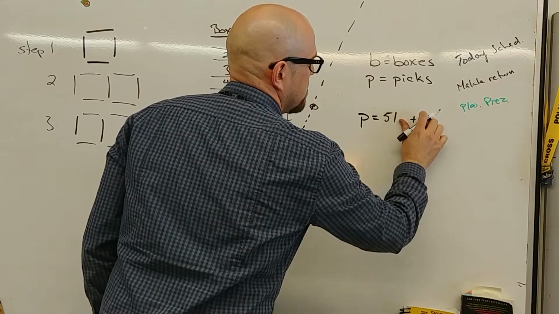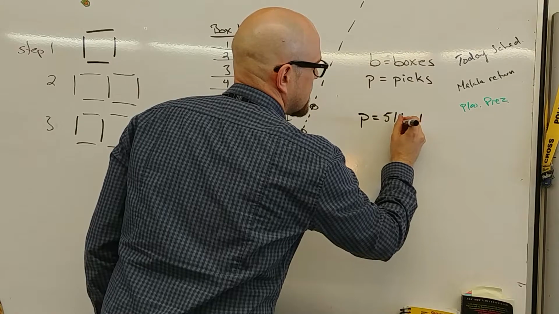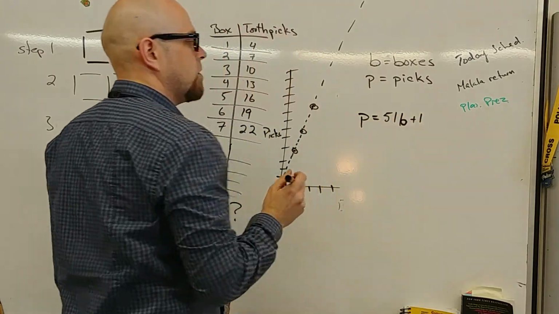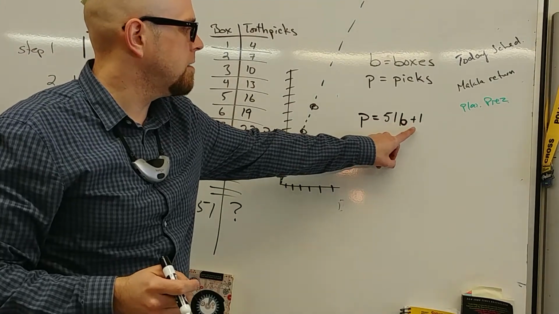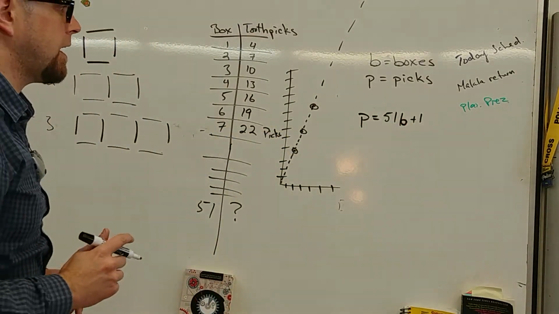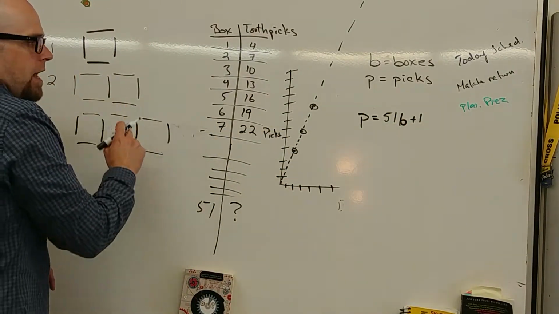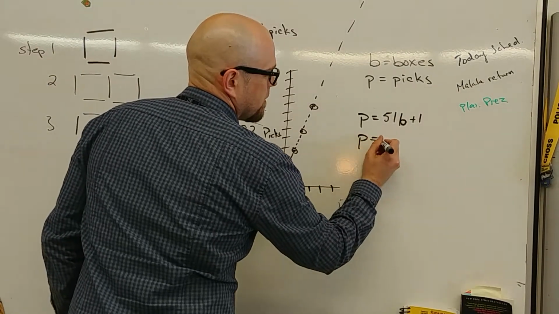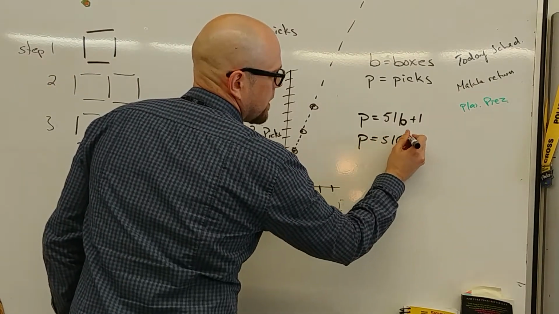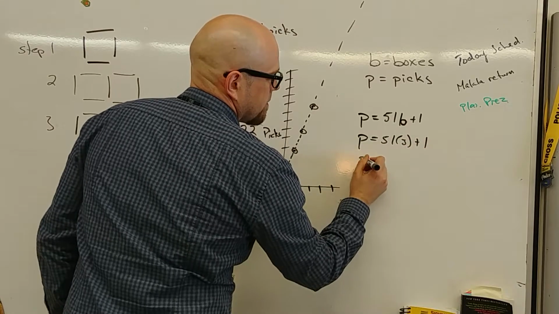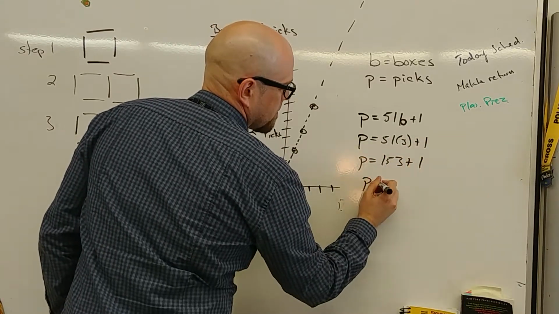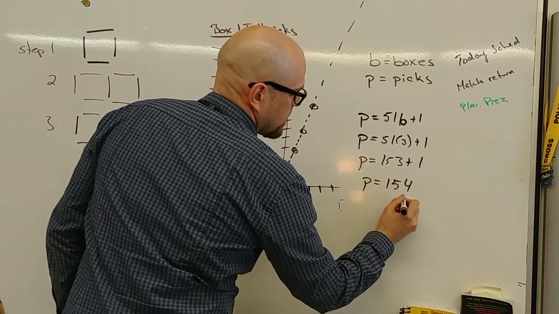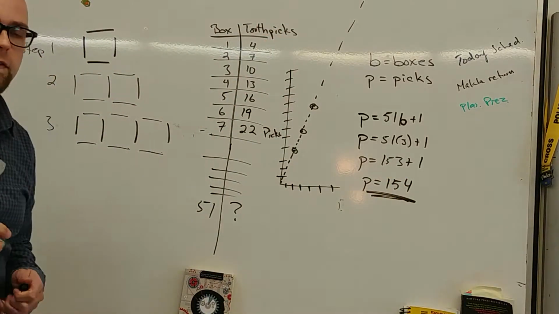I don't really like the B like that. It looks like a 6, so I'll try to make it a little more obvious like a B. So there's 51 boxes plus that 1 that was at the beginning. Well, since there's 3 in every box, kiddo can go like this, 51 times 3 plus the 1. That's when they see it's actually 154.